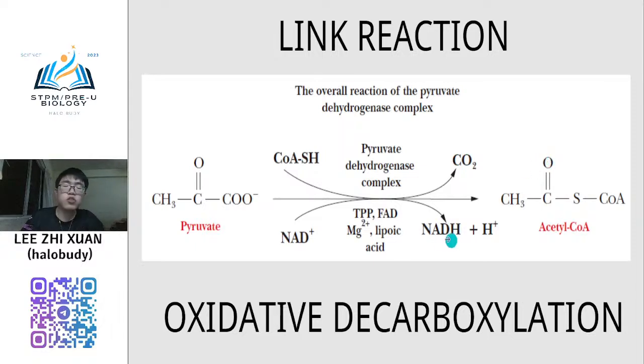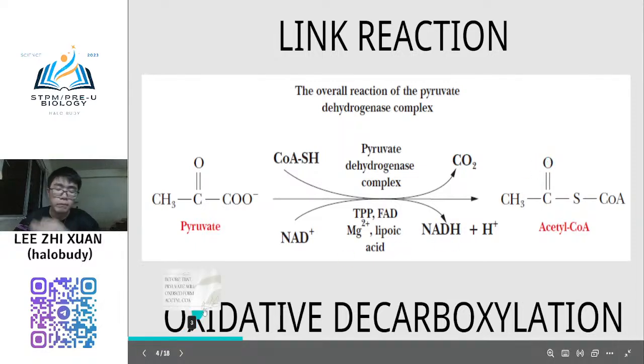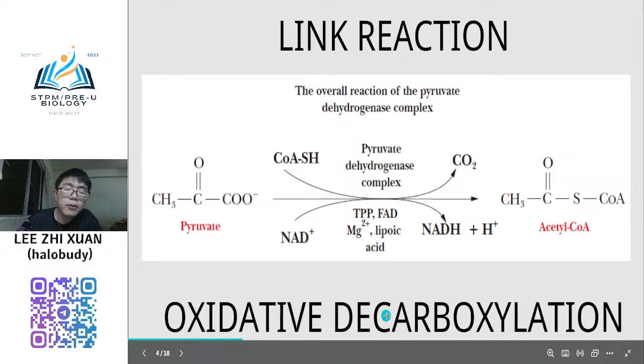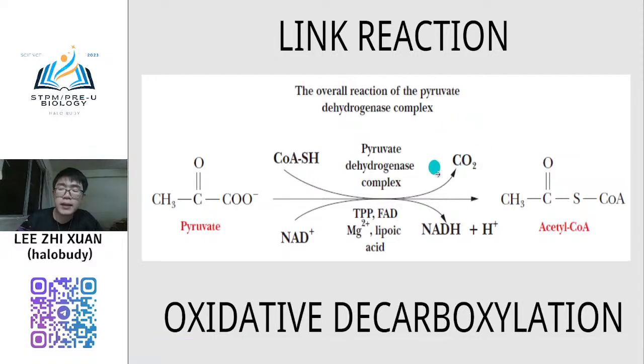The reaction name is oxidative decarboxylation. What does this mean? The first term, oxidative, means it is an oxidation reaction: pyruvate is oxidized to form acetyl CoA. Decarboxylation means it removes one carbon dioxide.